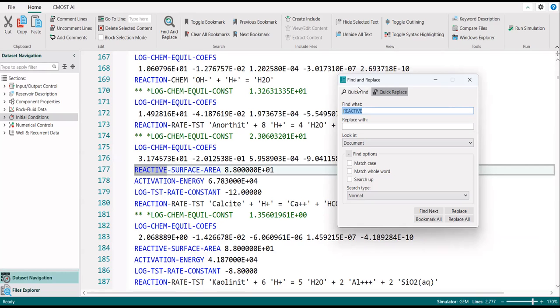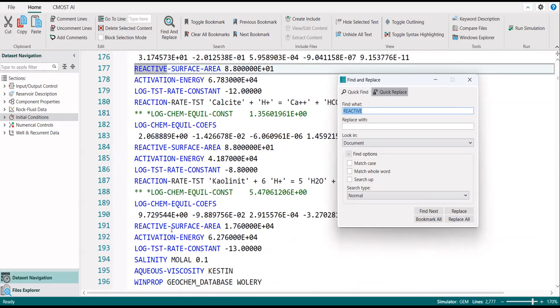Right, this is the initial reactive surface area in meter square per meter cube. Okay, we already input the value in WinProp. And then log TST rate constant. Okay, and then I think that's pretty much all.